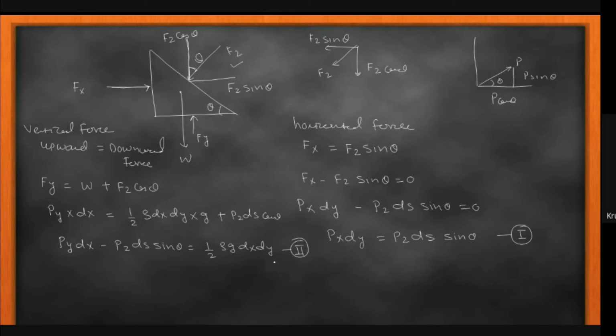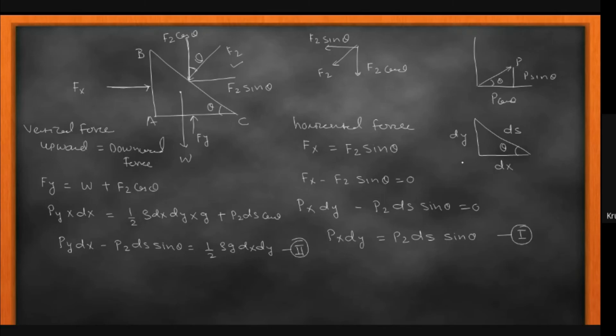Now we go for some geometrical discussion. In this triangle ABC, AC is dx and AB is dy, and this is Pz. We establish a relationship between them. This is ds, which makes an angle theta, this is our dx and this is our dy.